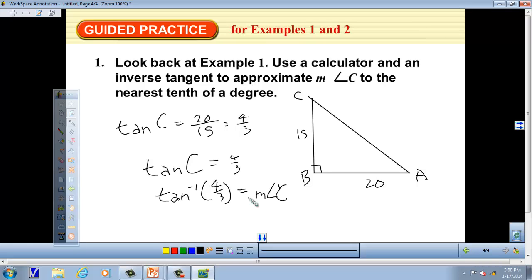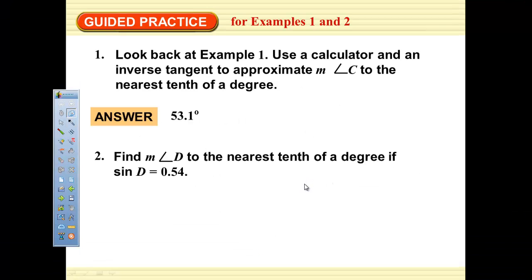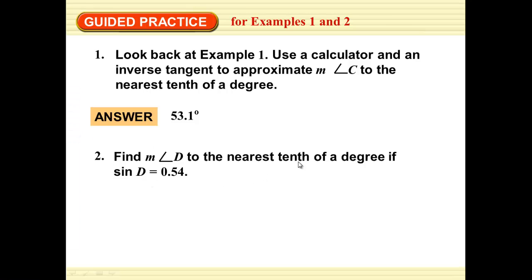And punching that into our calculator, we end up with 53.1. So that would be this angle right here, 53.1 degrees. And we want to find the measure of angle D here.